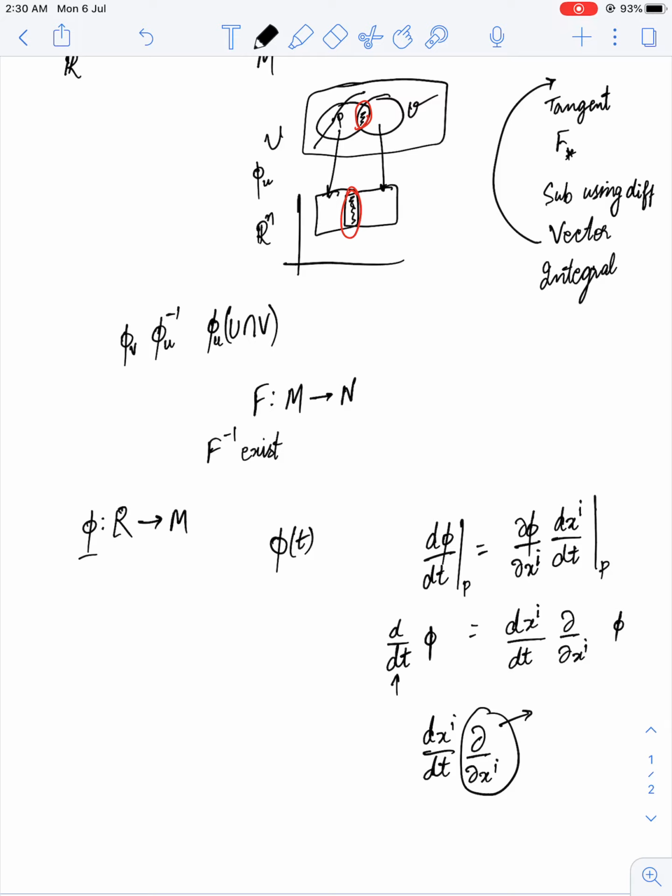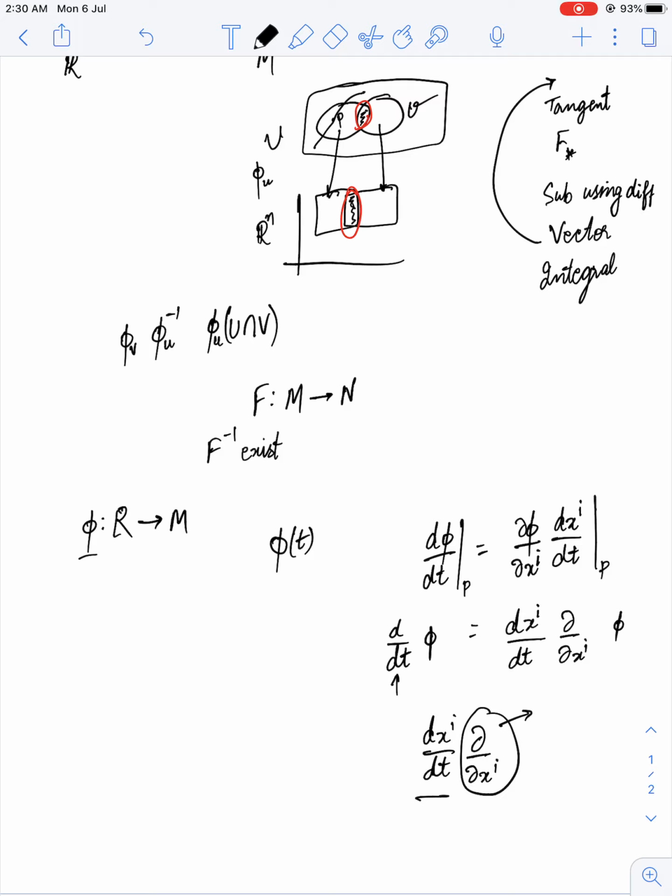To associate length to these vectors, it should be invariant whether we go from one patch to the other. If this vector lies in this patch, it has to remain invariant whether we define it using u or using v. Alright, I will leave it here.